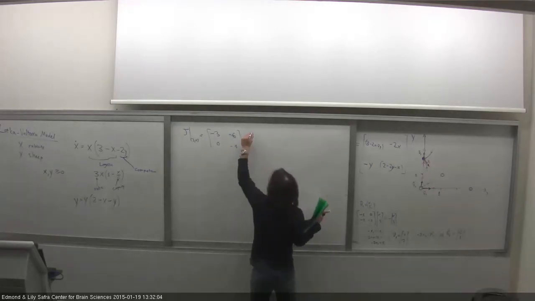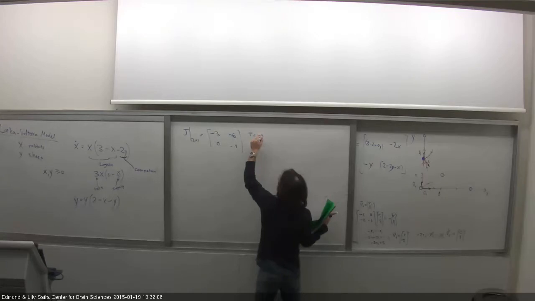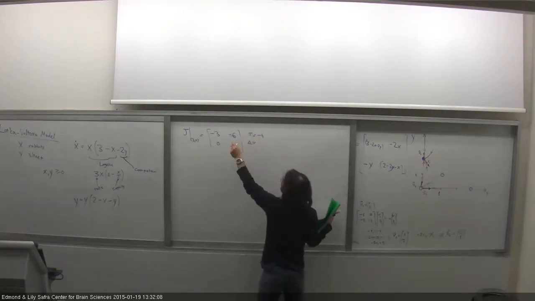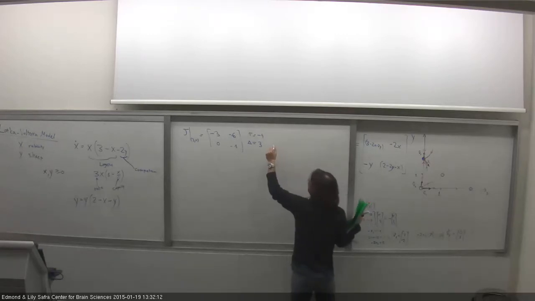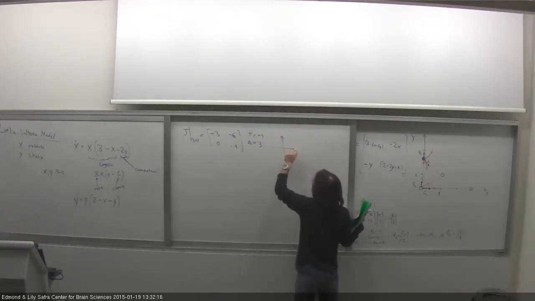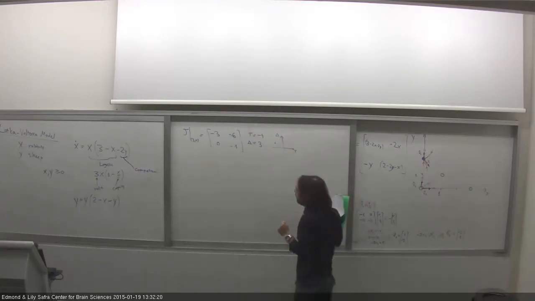Okay, so here trace is minus 4, determinant is 3, okay, and this is stable, right? Minus 4, 3. This is stable.